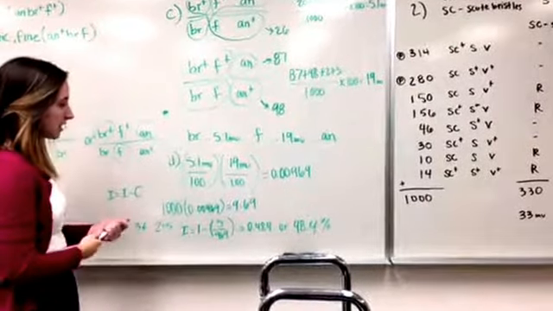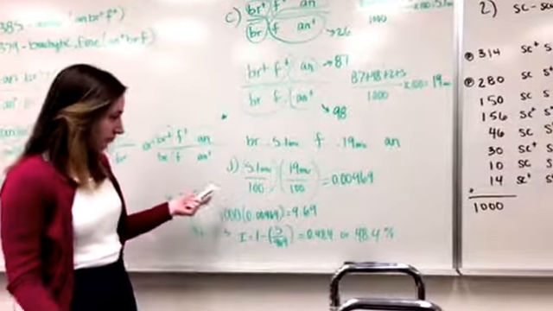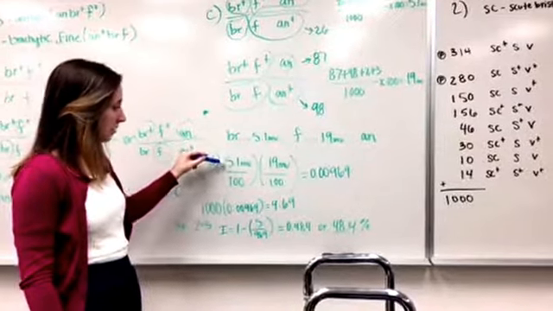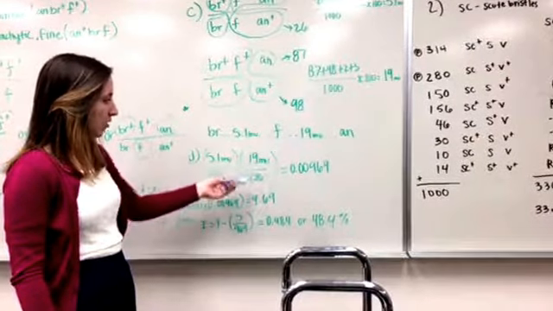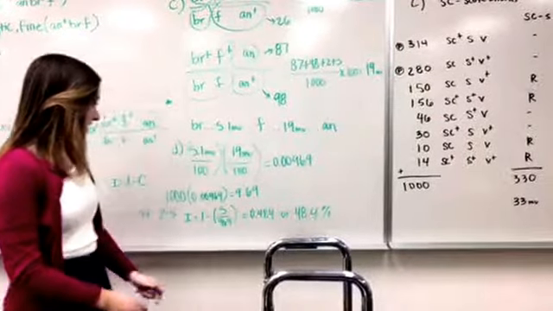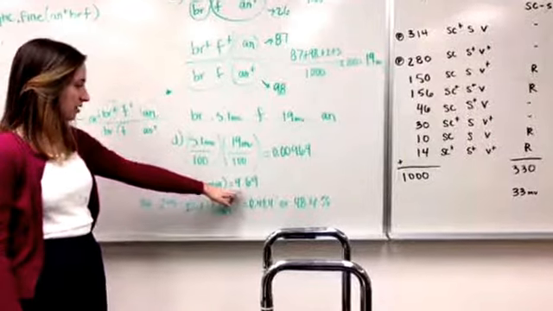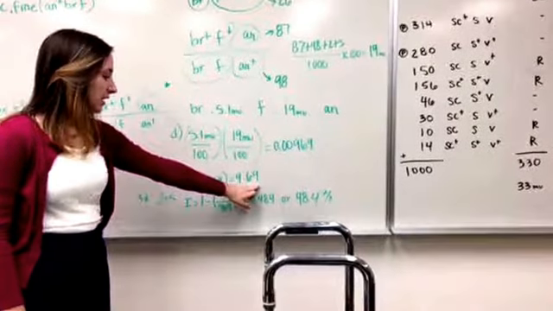So then for part D, you're going to figure out the interference value. You take those map units, divide by 100, multiply those together, and you end up getting 0.00969. Then you take that number, multiply it by 1,000, you get 9.69.